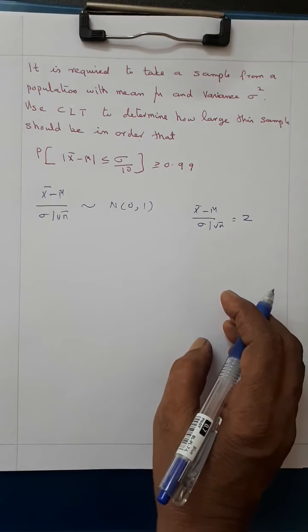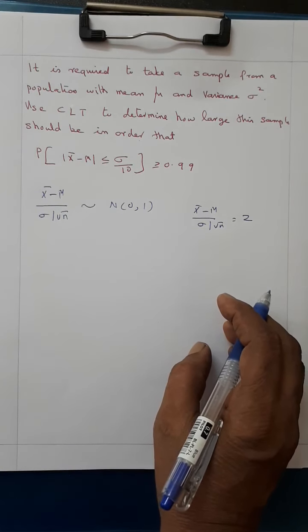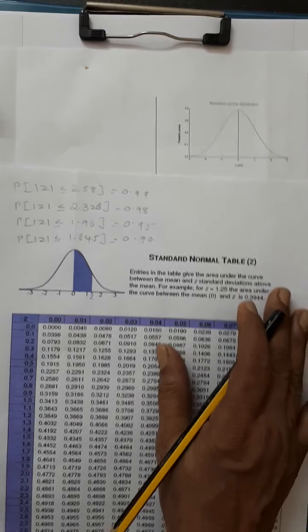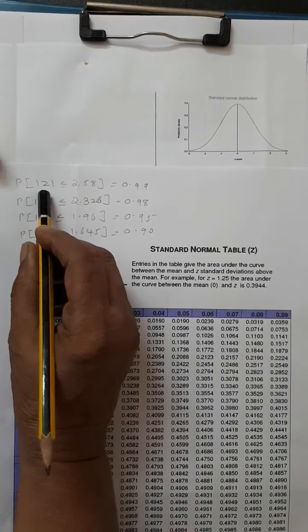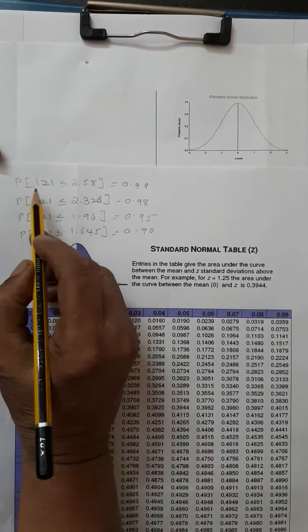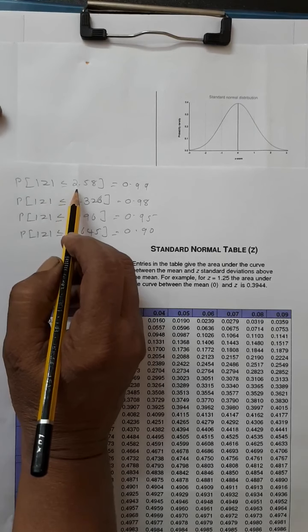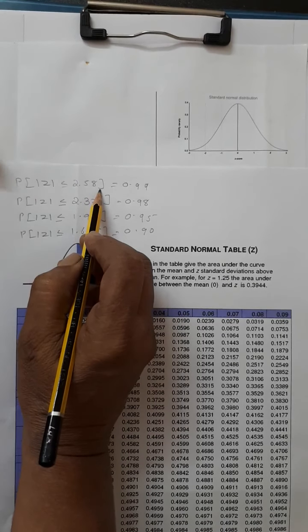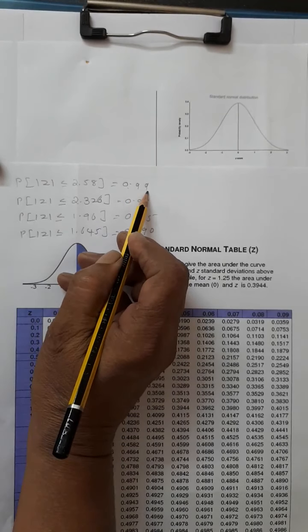From the area property of a standard normal distribution, we can say that P of mod Z less than or equal to 2.58 is equal to 0.99.